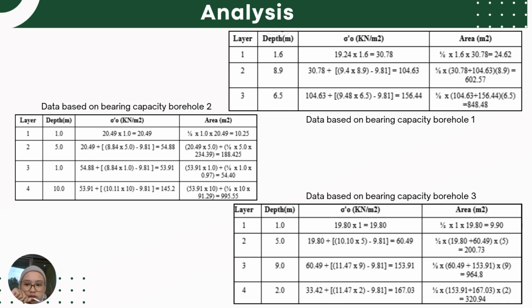And for borehole 3, we have four layers to analyze, with depths at 1 meter, 5 meter, 9 meter, and 2 meter, and the total is 17. The stress value starts at 90.8 kilopascals and increases up to 167.03 kilopascals.